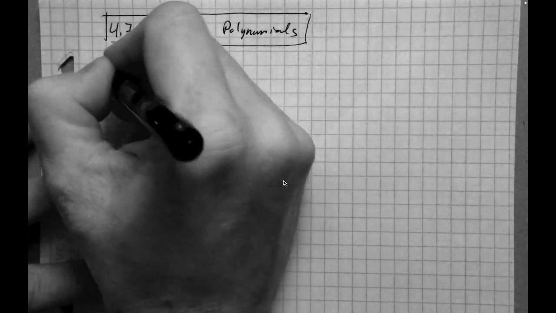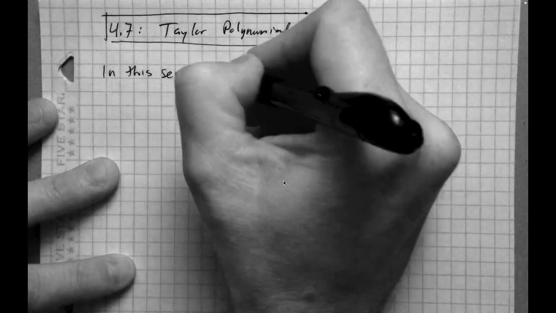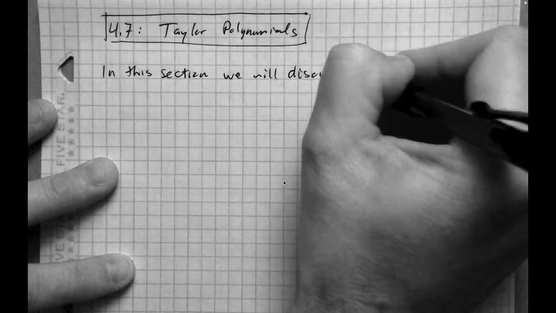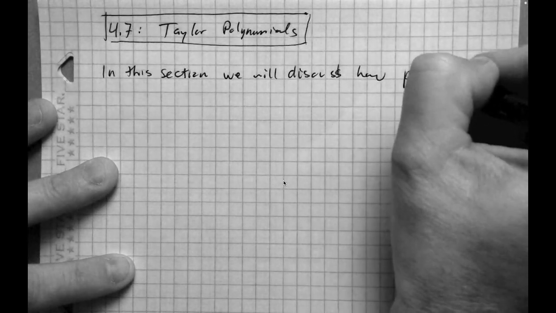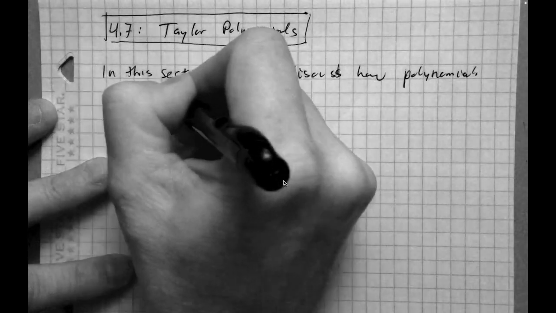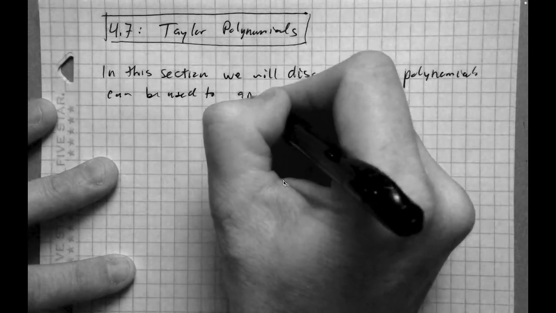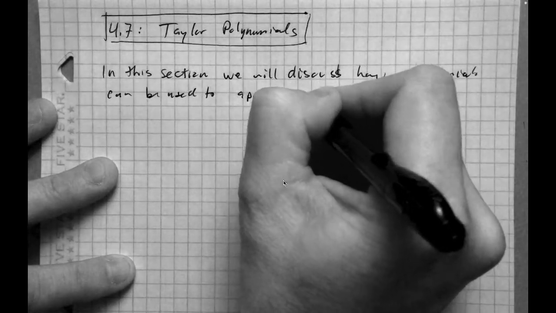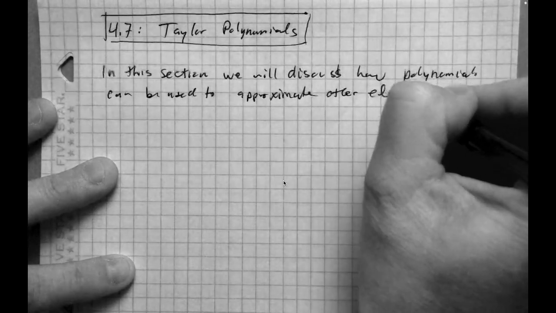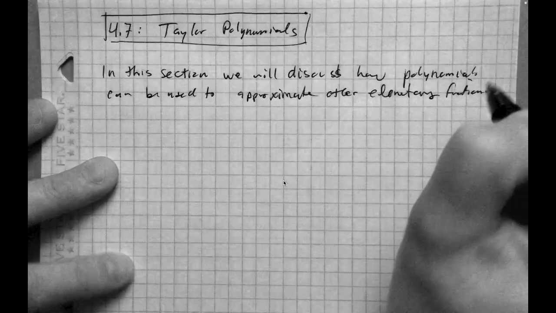In this section, we will discuss how polynomials can be used to approximate other functions. We'll say elementary functions for now.